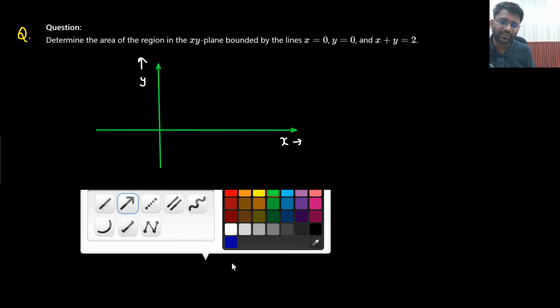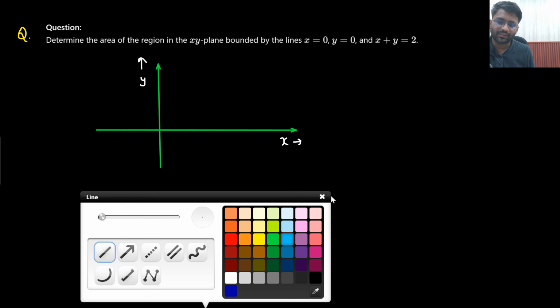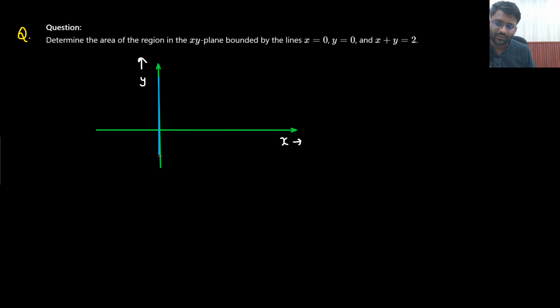So x equals 0 means the y-axis, and y equals 0 means the x-axis. And what is the meaning of x plus y equals 2? The meaning of x plus y equals 2 is this line. I hope you know how to draw the line x plus y equals 2. So this point would be 2, 0, this point would be 0, 2.